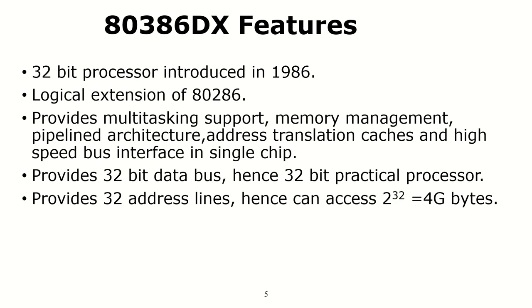Alright, so similarly, if you look at the 386, it is a true 32-bit processor, having 32 address lines and 32 data lines. It is again an extension of the 80286. The 286 has only 24 address lines, but it has 32 data lines.